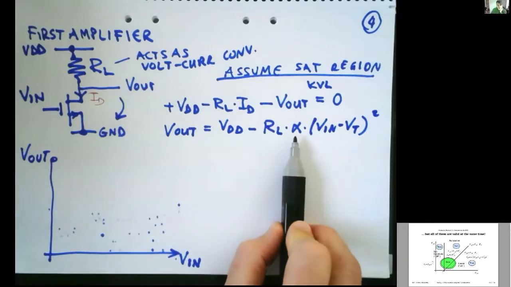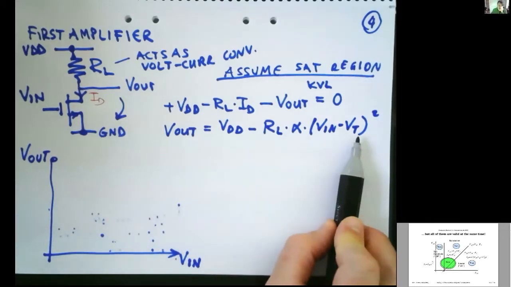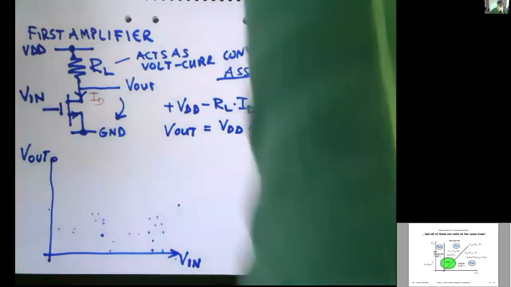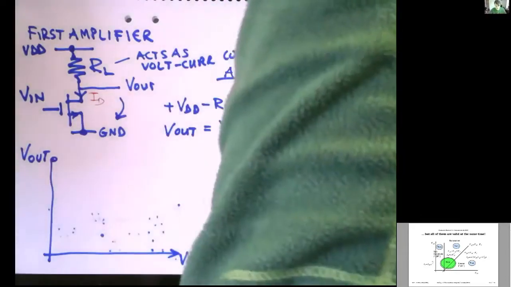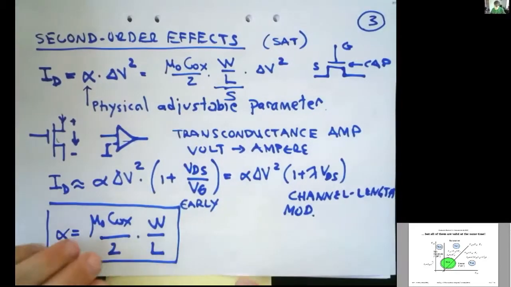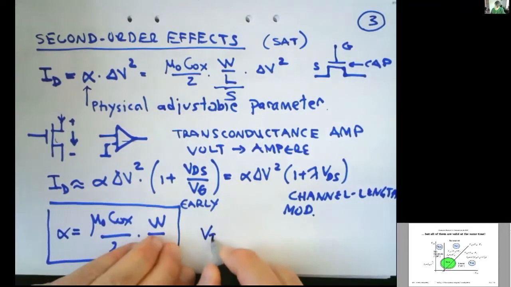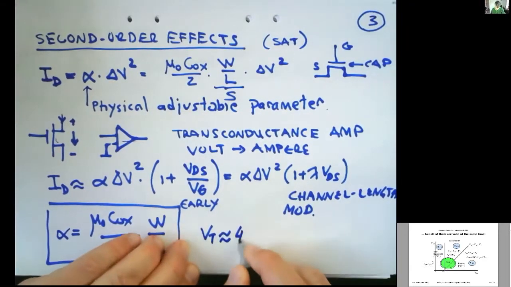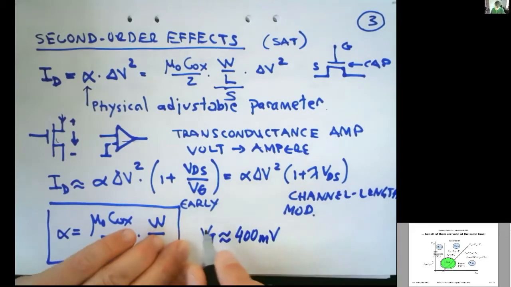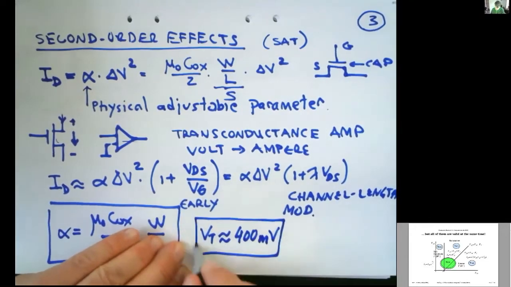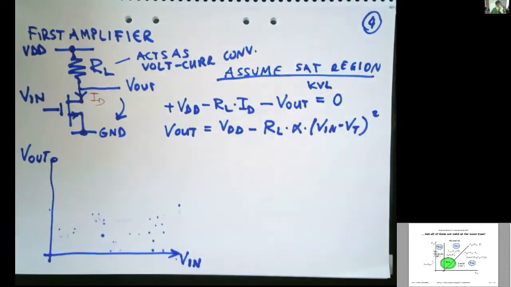So alpha is a parameter and VT is this threshold, which we didn't explicitly say, but we typically assume something like 400 millivolts or so. It's typically a constant.